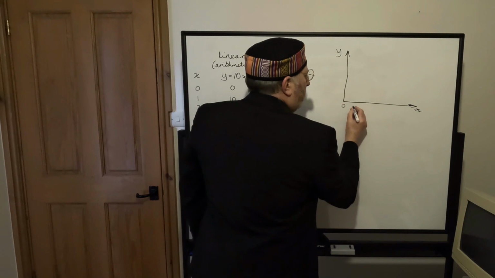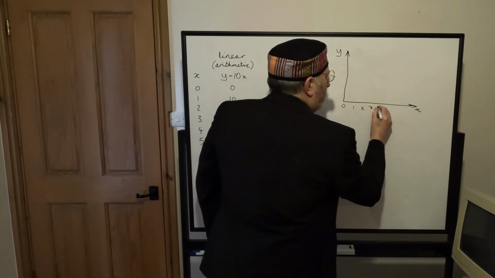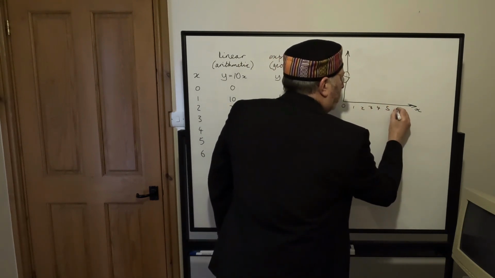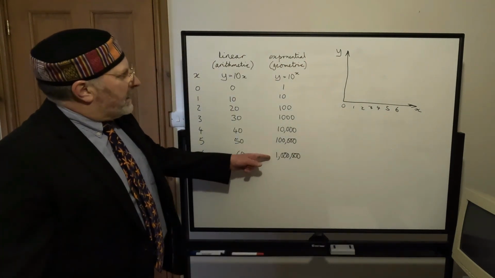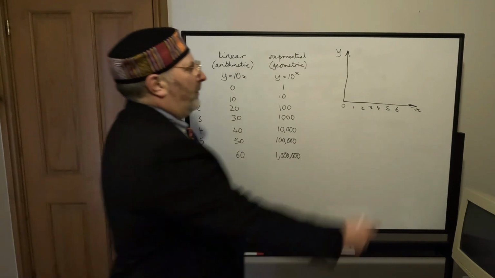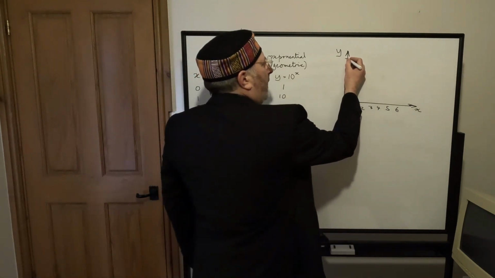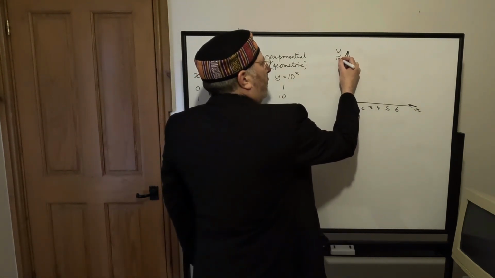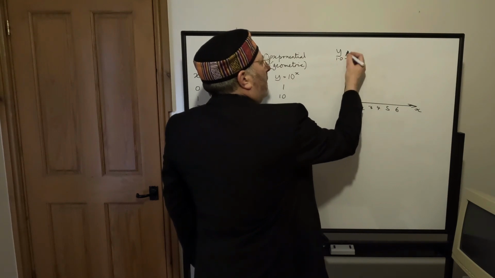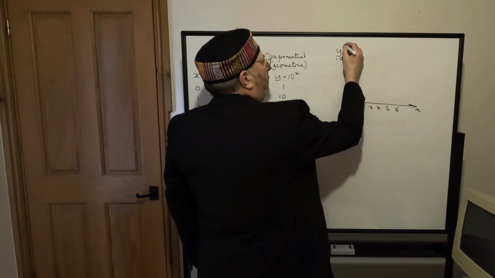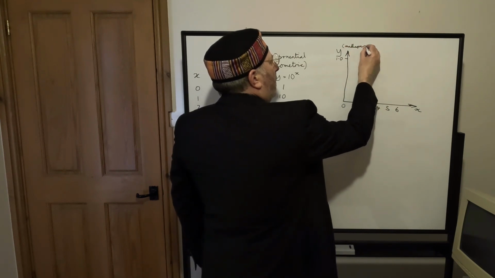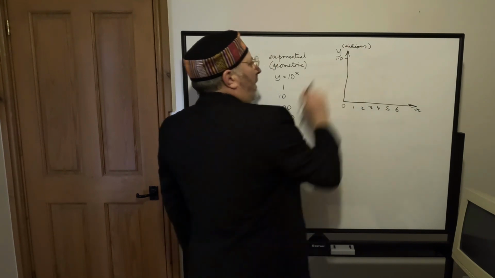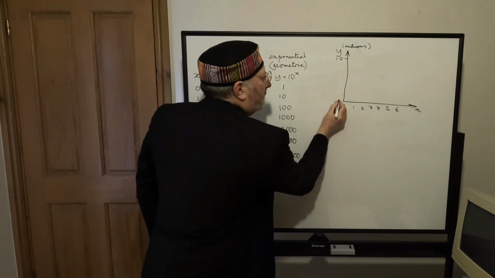So going from 0, 1, 2, 3, 4, 5 up to 6. And when x is 6, y is 1,000,000. So we want to go up at least as high as 1,000,000. So I'll put y, measure that in millions. Going up as high as 1,000,000, and we start at 0 here.